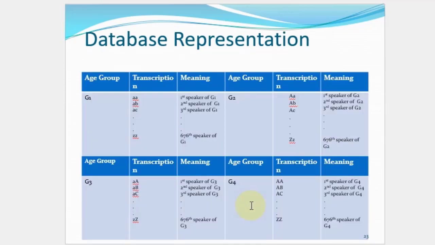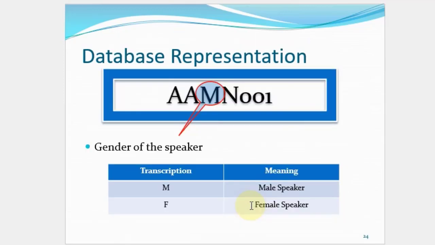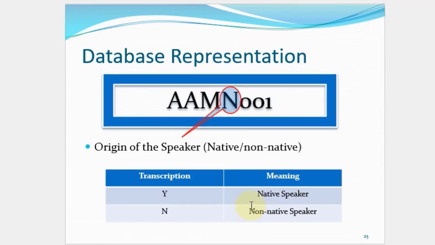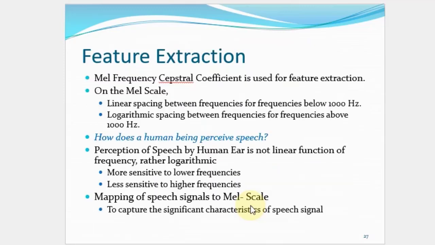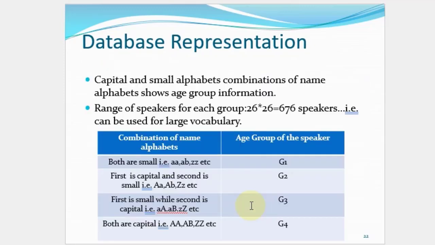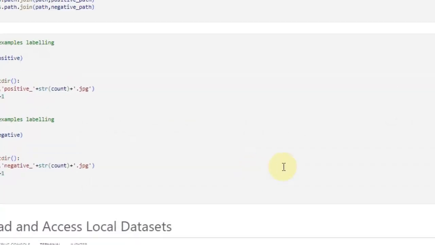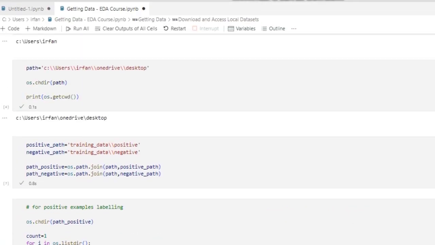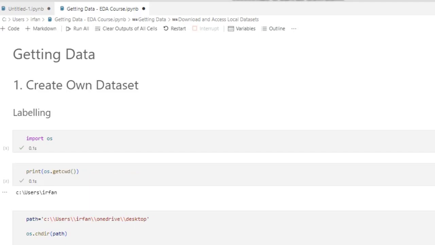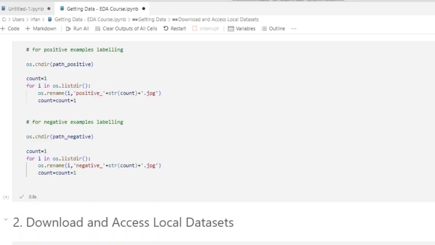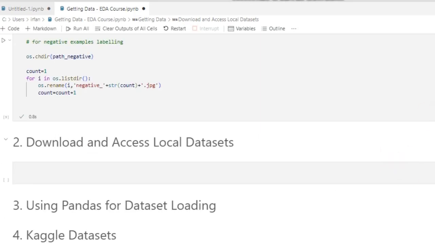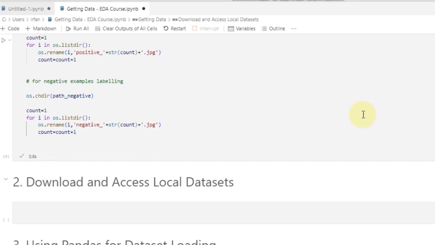This is the age information, name information, gender information, and similarly the word number. So that's it, and that is all about the manual data labeling or creating your own data sets. Okay, so thank you so much.